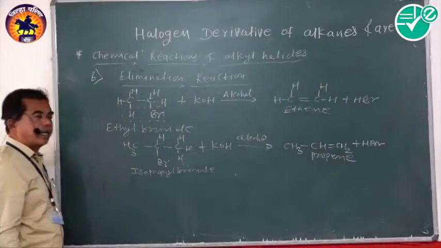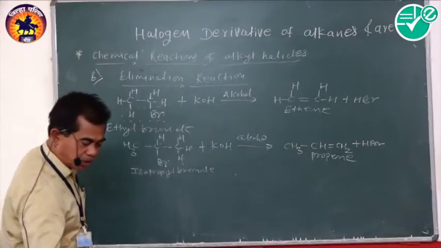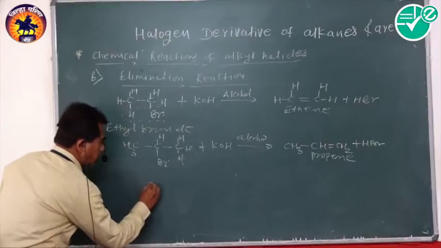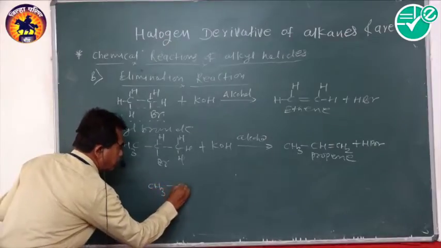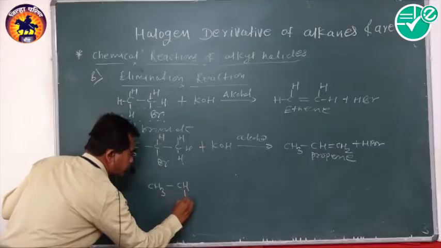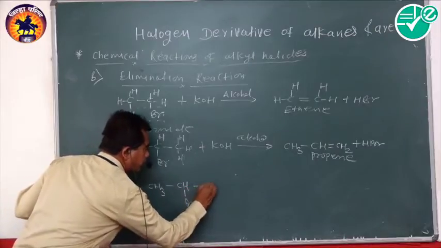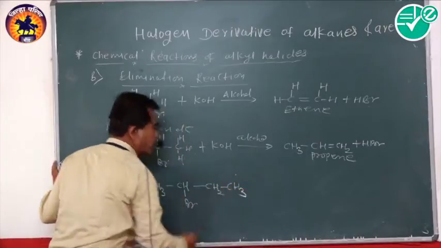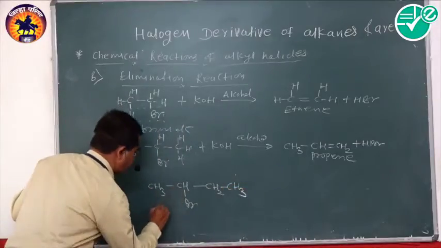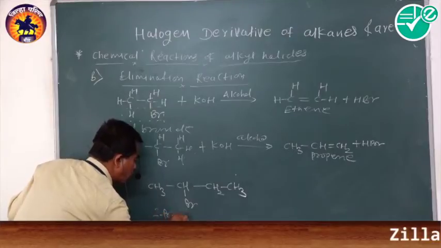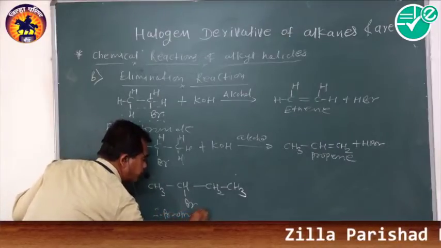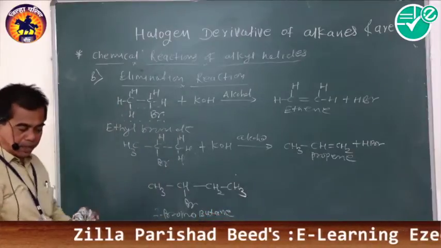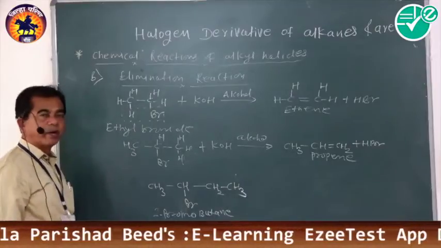Now we take one more example: 2-bromobutane. That is the IUPAC name, and in common name we call it secondary butyl bromide.